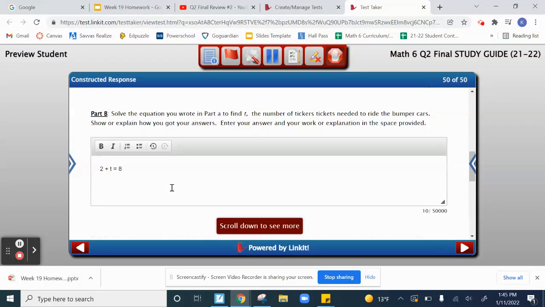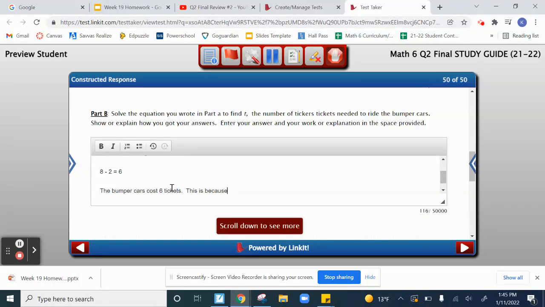And now I know, since I am adding, I will undo with subtraction. All right, so 2 plus t equals 8. 8 minus 2 is going to equal 6. Because again, if I'm adding 2, I'm going to undo it by subtracting 2. So the bumper cars cost 6 tickets.